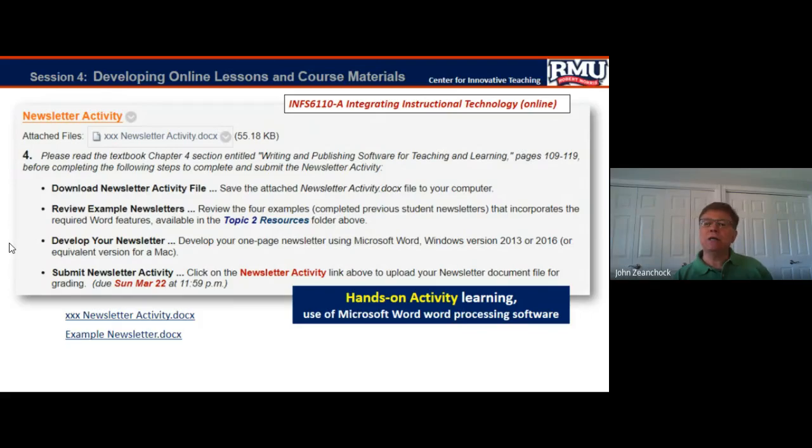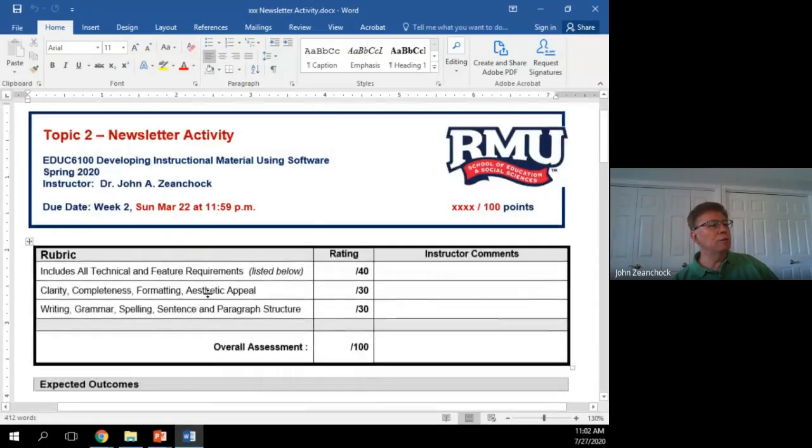To get them to understand that and to show them the tie to what was explained in the chapter, I built this activity called a newsletter activity, which is in the same format.